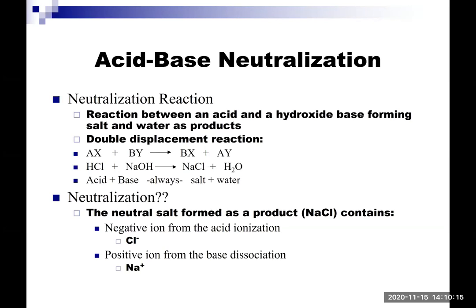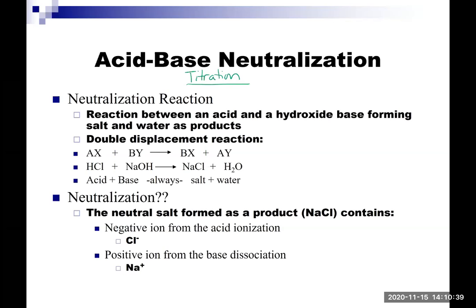An acid-base neutralization is generally accomplished with a titration. And we will talk about titrations, but let's look at the reaction first. This AX reacting with BY to form BX and AY is a generic reaction.